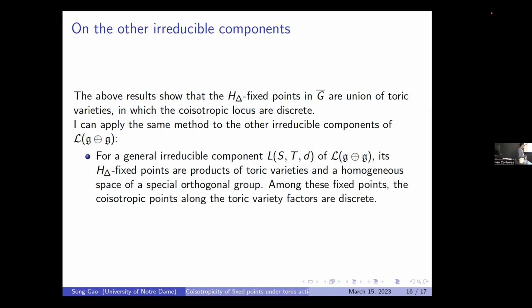So I can apply a similar method to other irreducible components. And the result is that the H diagonal fixed points are products of toric varieties and a homogeneous space of a special orthogonal group. And among these fixed points, the coisotropic points along the toric variety factors are discrete. And that's all.